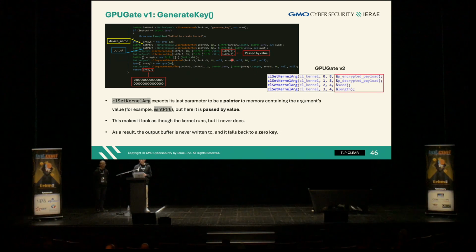So this makes it look as though the kernel runs, but it never actually does. And if you look, all these API calls are not being error checked, so even if they fail, it doesn't matter. The kernel's not being executed. As a result, the output buffer in that kernel is never written to, and it just falls back to a 0 key, and it uses that 0 key to decrypt the payload.